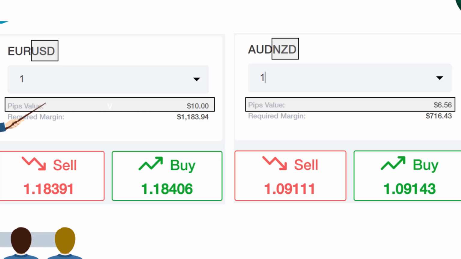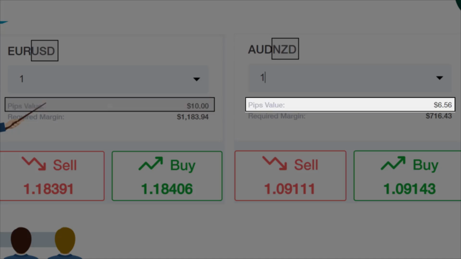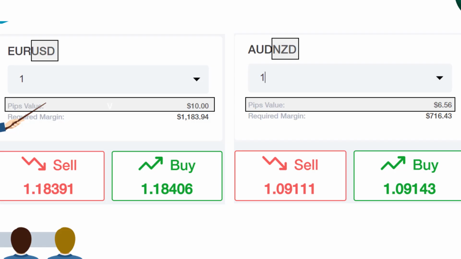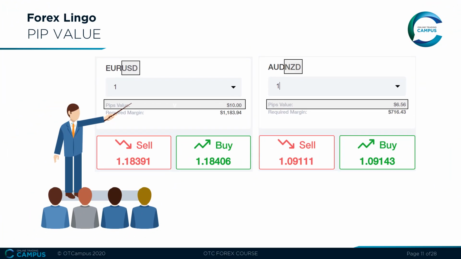For Euro US dollar, you can see the pip value for one standard lot is $10, while for a cross pair like Aussie New Zealand, the pip value is $6.56. As a result, we should understand what a pip value is and how it is calculated. However, don't worry, we do not have to calculate it ourselves.